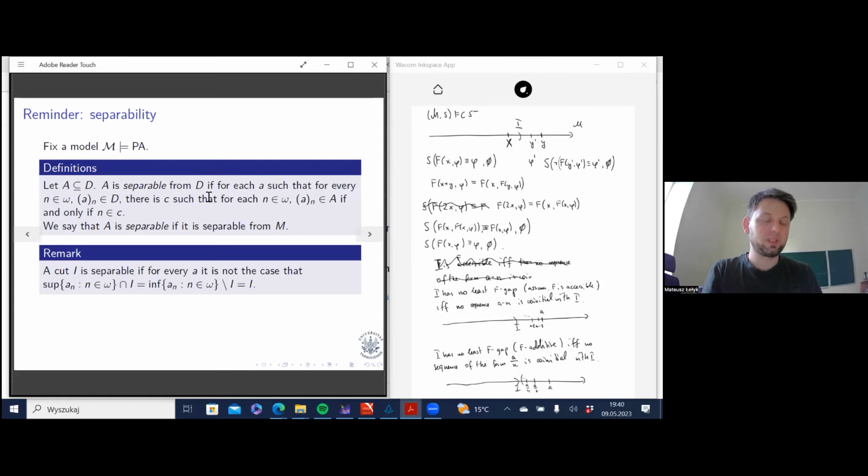And for cuts, this is equivalent to the following condition. A cut I is separable if for every A, it is not the case that the standard part of A, when intersected with I, codes a cofinal sequence with A, and the standard part of the sequence coded by A, restricted to the positions outside of I, codes something which is co-initial with I. So in a sense, no omega sequence in the model codes both a cofinal and co-initial sequence with this cut.